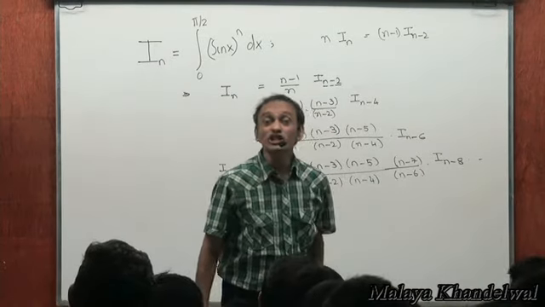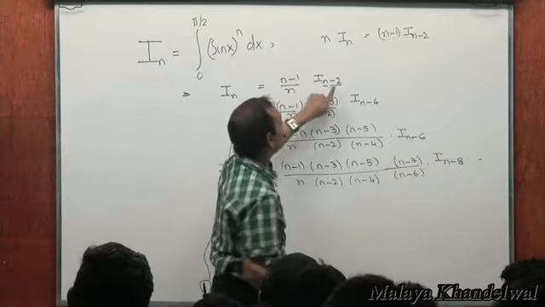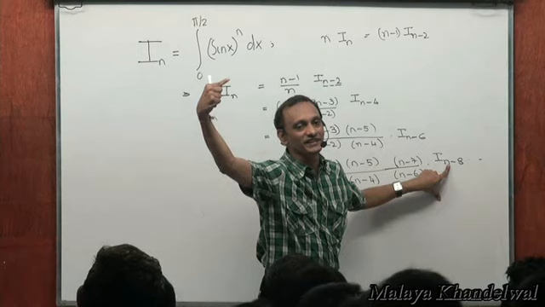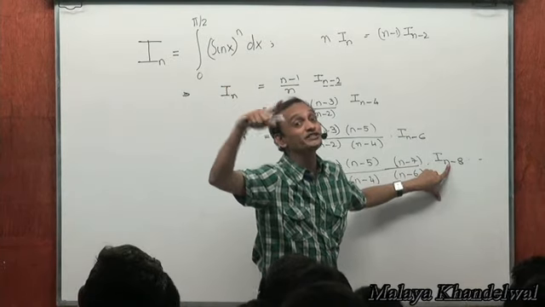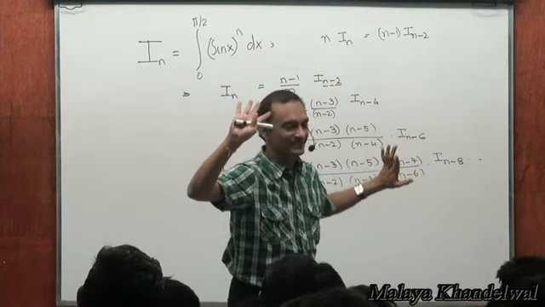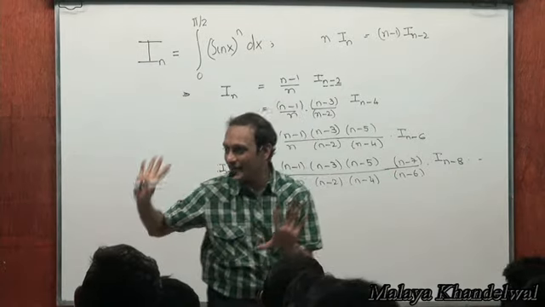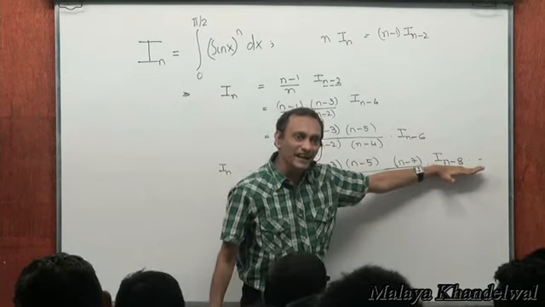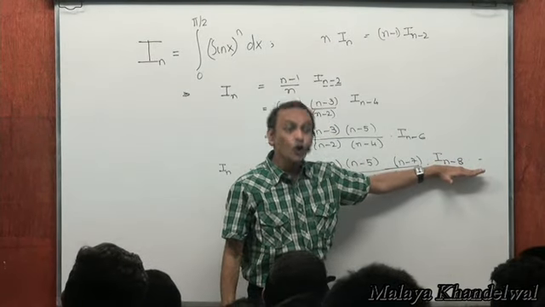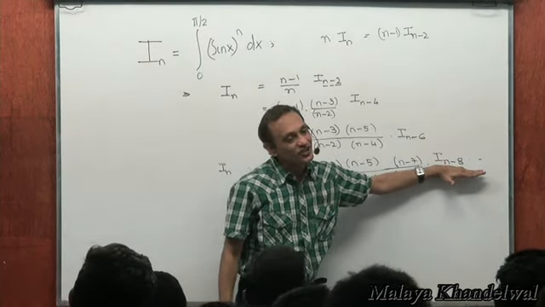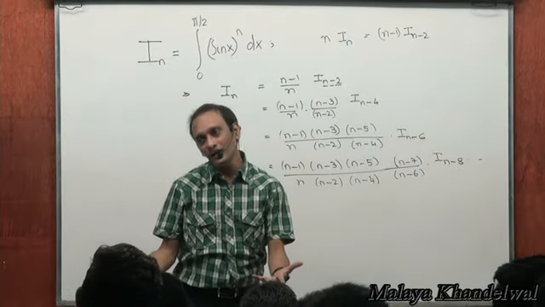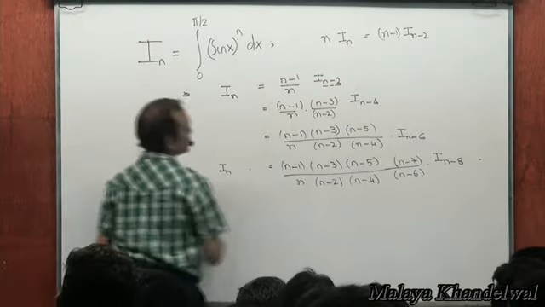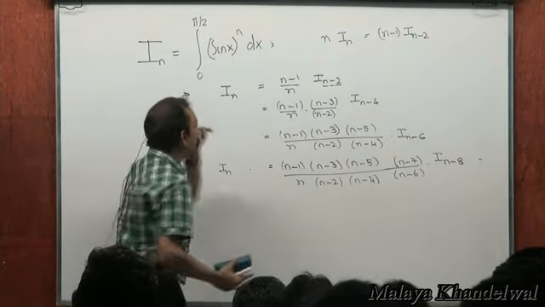If n is even, the chain will end with I0. If n is odd, the chain will end with I1. Yes or no? You know what I'm saying? Depending on the parity of n, this chain will either end with I0 if n is even, or with I1 if n is odd. Clear? So, let me formalize this chain a little further. So far so good, right?